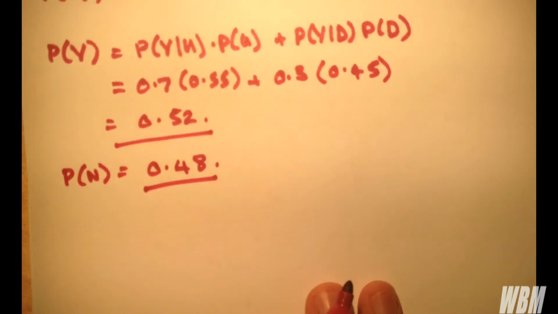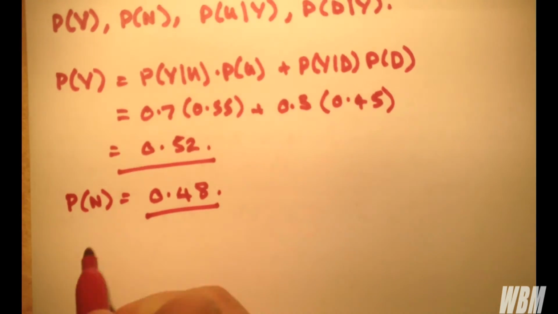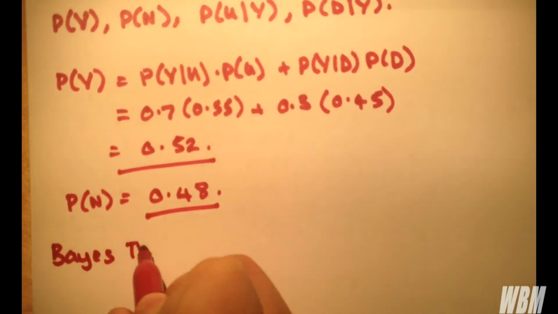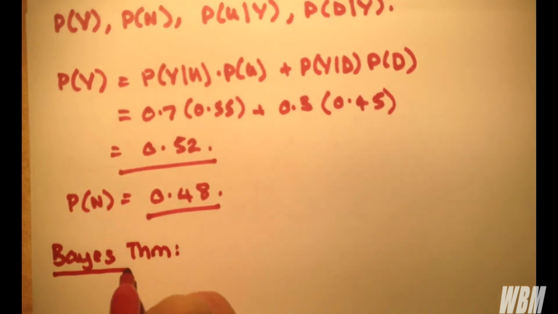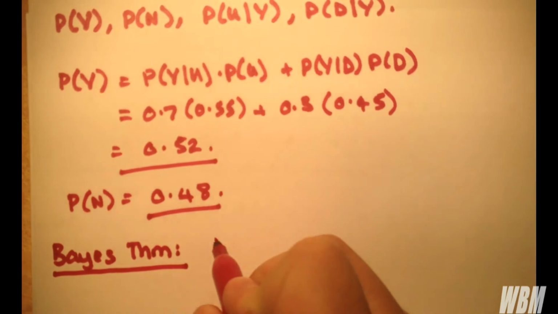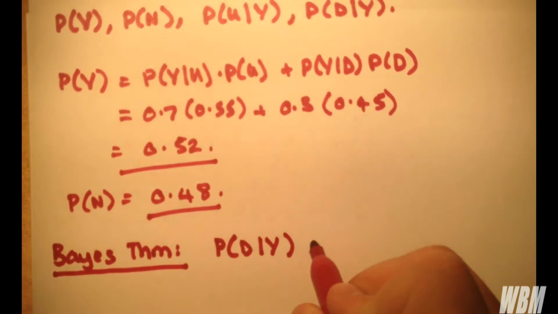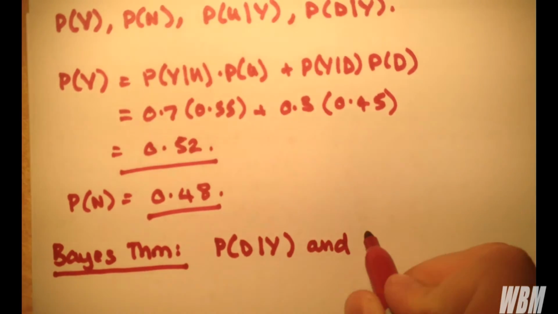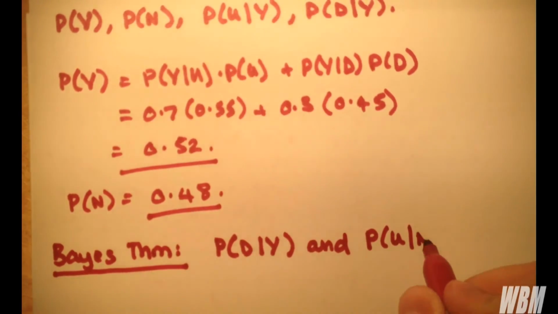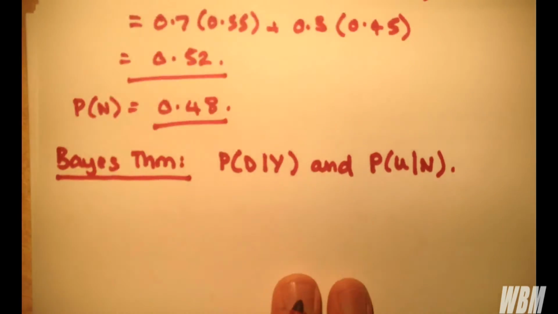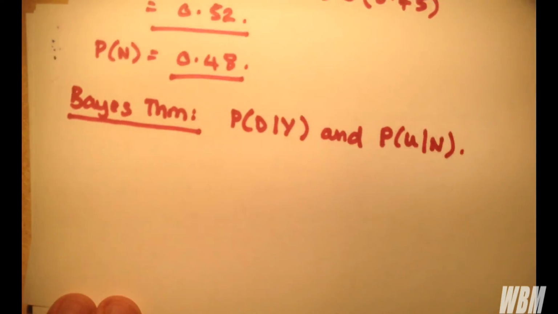And we use Bayes' theorem to calculate the probability of down given yes, and of course the probability of up given no, and they follow quite simply.